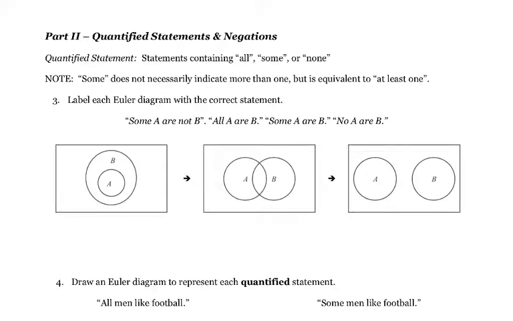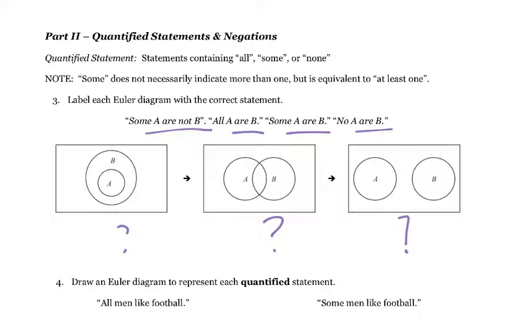So we're going to look at these kind of in terms of these diagrams, which are called Euler diagrams. We could also think of them almost as Venn diagrams. We're going to label which one is which. So we're trying to figure out which one of these diagrams here goes with which one of these statements here.